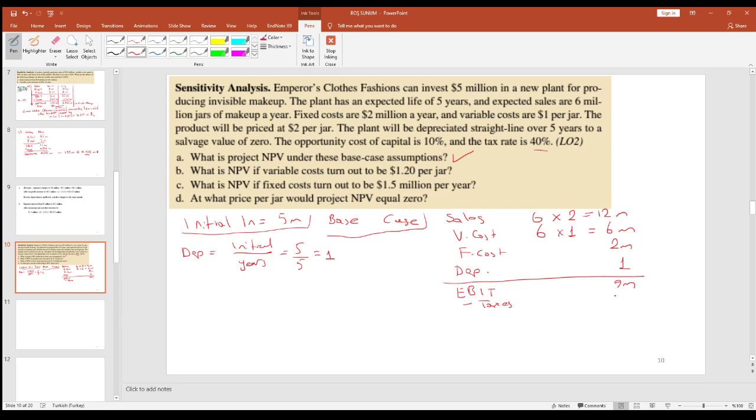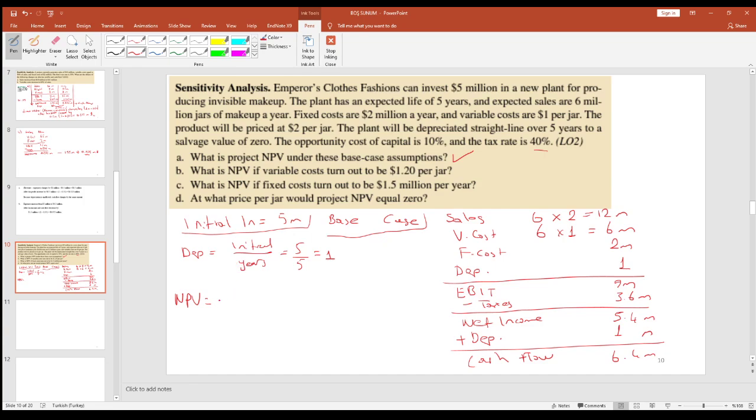So 40% of 3 million is 1.2 million, and the result will be net income, 1.8 million. I need to add back depreciation in order to calculate cash flow. Depreciation is 1 million, so cash flow will be 2.8 million. Now I'm ready to calculate net present value.